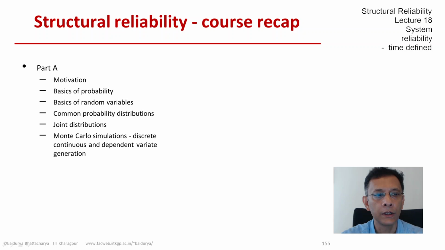We discussed quite a few common discrete and continuous probability distributions that appear in reliability and structural reliability in particular. Joint distributions, and we looked at Monte Carlo simulations, in particular discrete and continuous and dependent random variate generation.